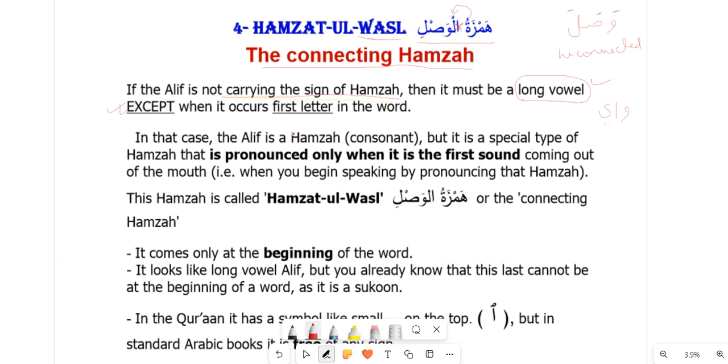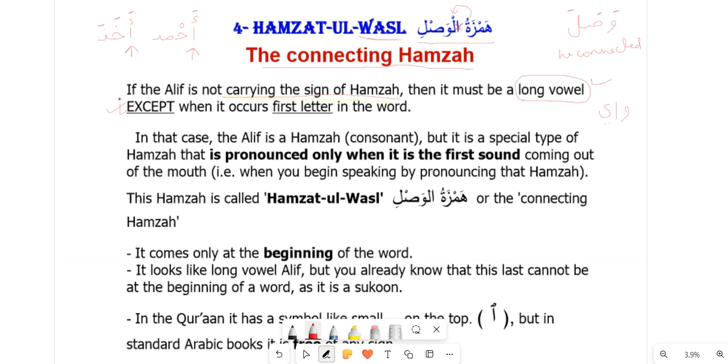Any random word, for example, here you can see Ahmad. Here hamza is starting, it is at the start of the word. Or I can say akhadha. The hamza is starting.